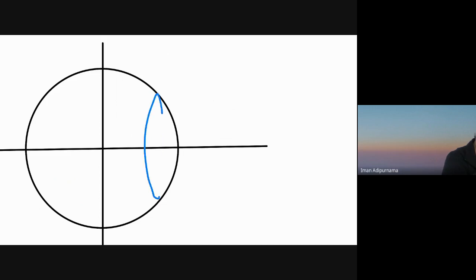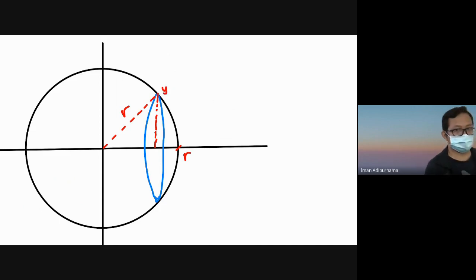We slice, and let's say our only information is R. This is also R. Let's say this is Y, and then this is X, right?